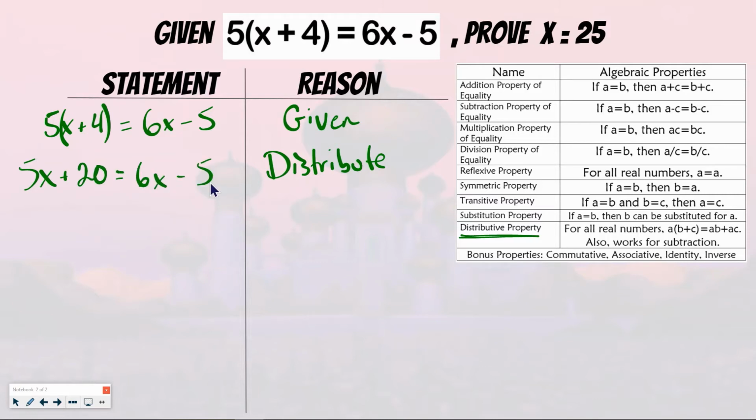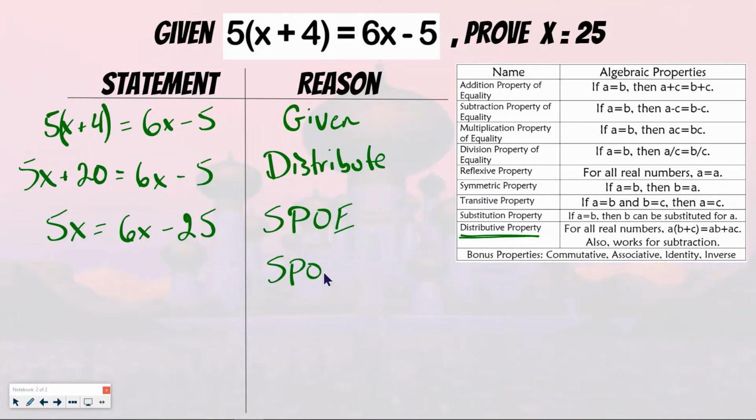And now you have some options here. There's no one right way to do this. I'm going to use the subtraction property of equality by subtracting 20 from both sides. That leaves me with 5x equals 6x minus 25. And then I'm going to use the subtraction property of equality again.